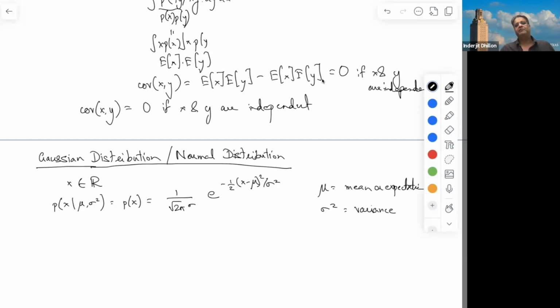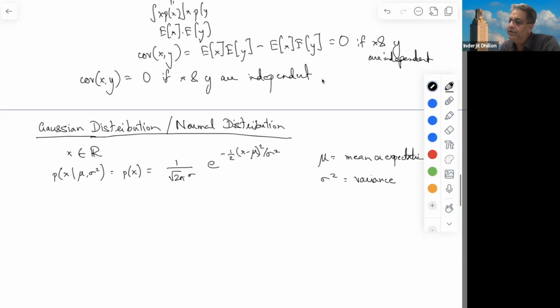So for example, if you take this PDF and you actually calculate the integral of x times p(x), you will get mu. And if you compute the integral that corresponds to the variance, then you will get sigma squared. In particular, the integral of x p(x) dx from minus infinity to infinity is equal to mu, which is the expectation of x.